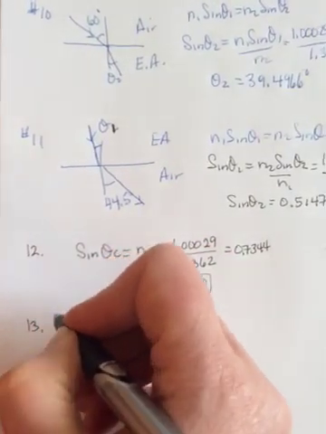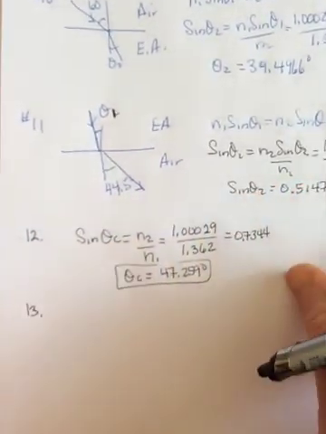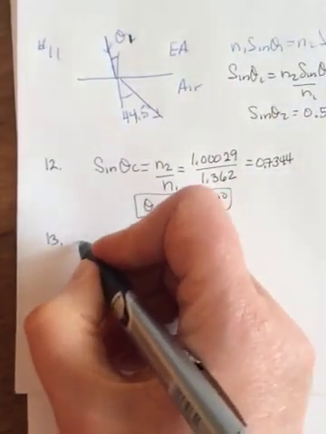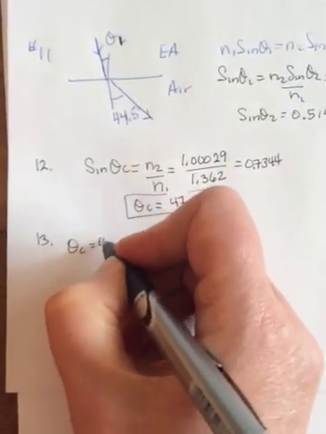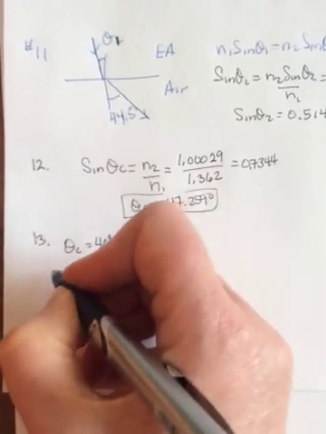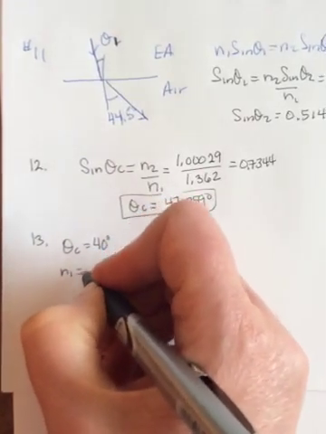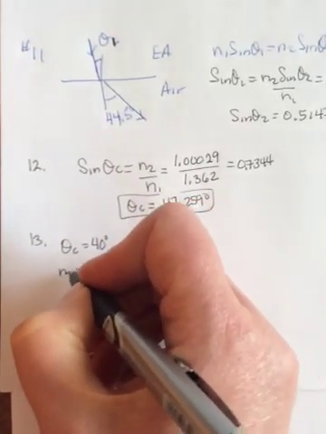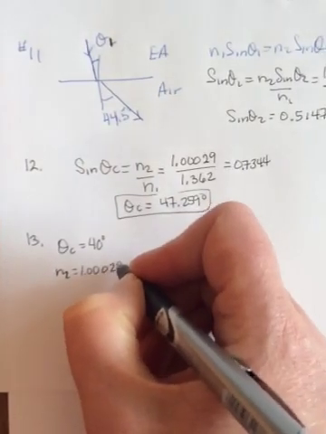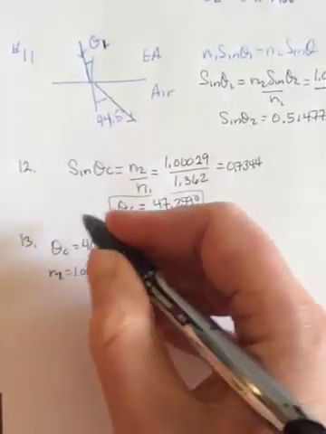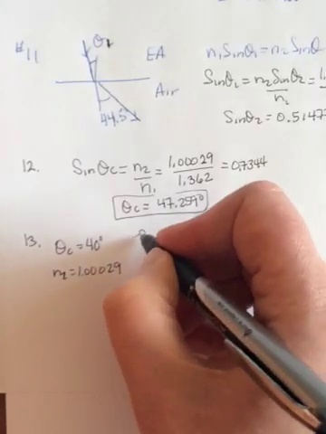Number 13. The critical angle for a new kind of plastic in air is 40 degrees. Okay? So we have theta c and we have N2 because they said in air. So from that we can find our N for this new type of plastic.